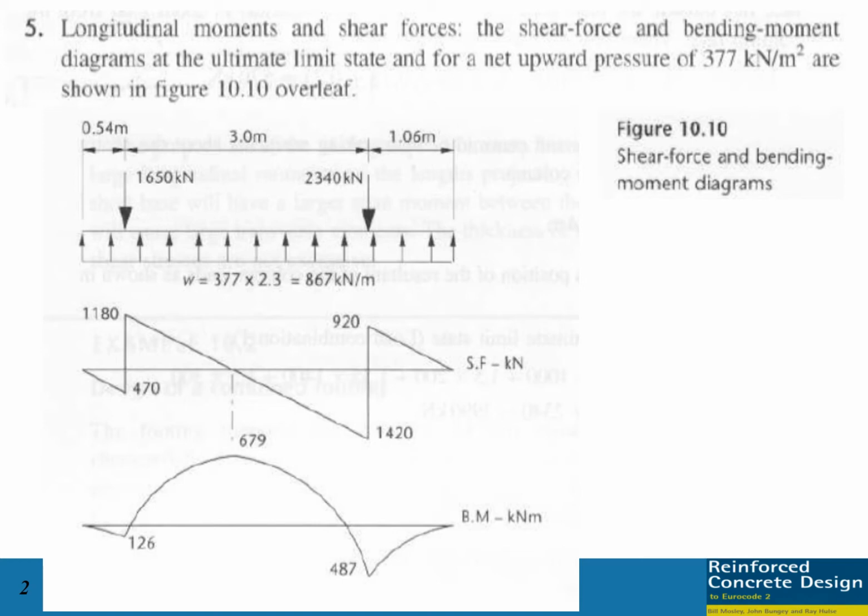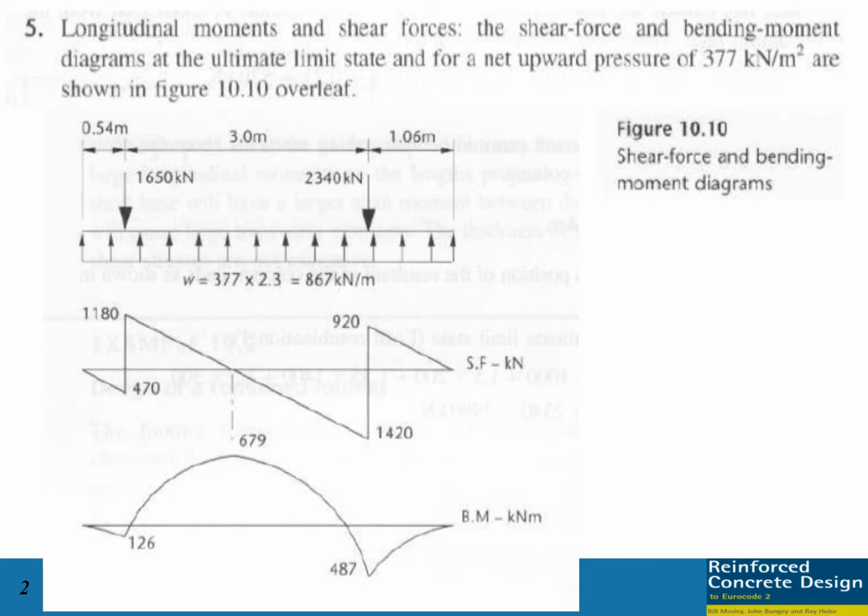You can see here at the left side we have the point load at column 300 by 300, so the load is 1650 kilonewton. At the right side for the column 400 by 400, we have 2340 kilonewton acting downward.